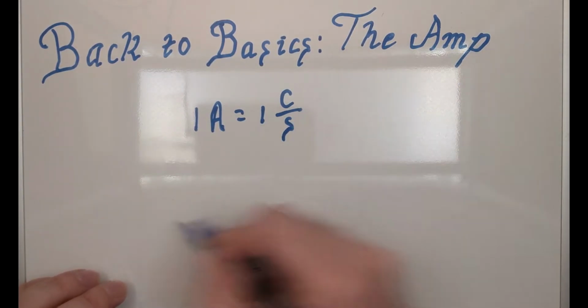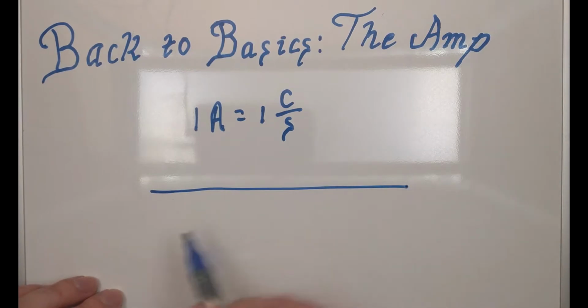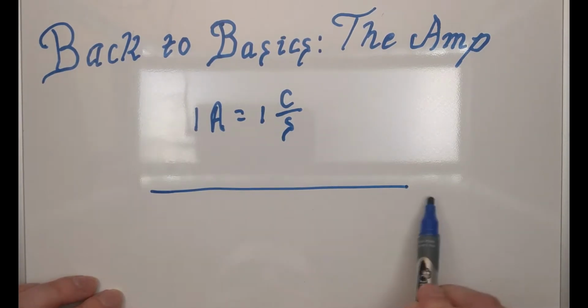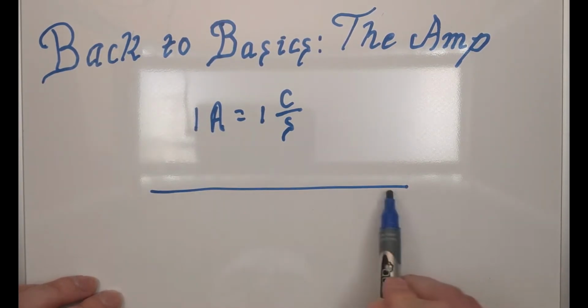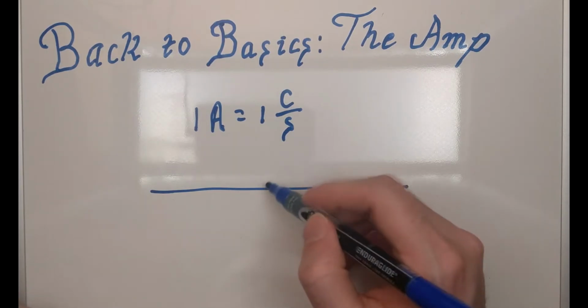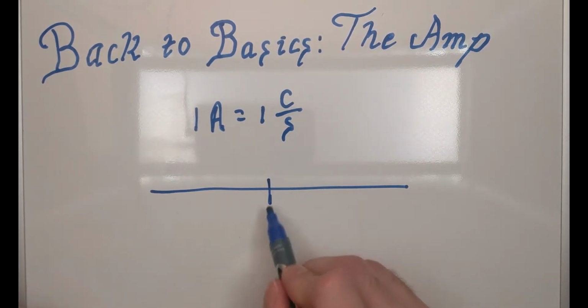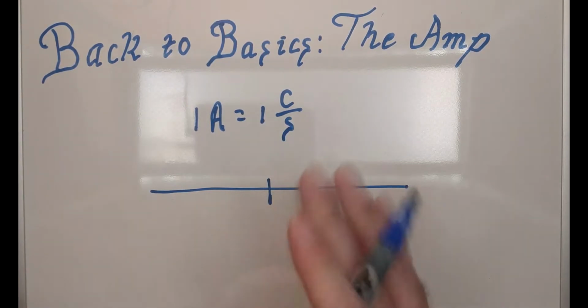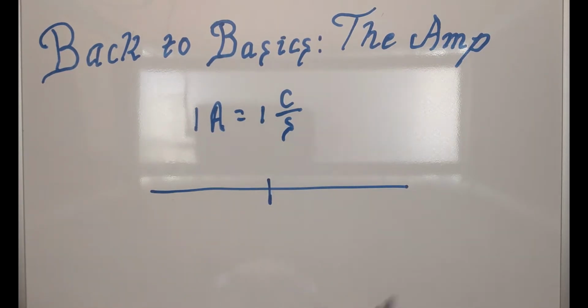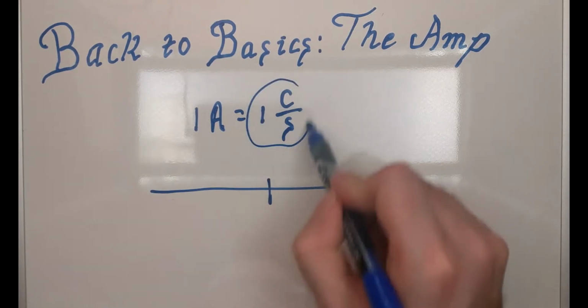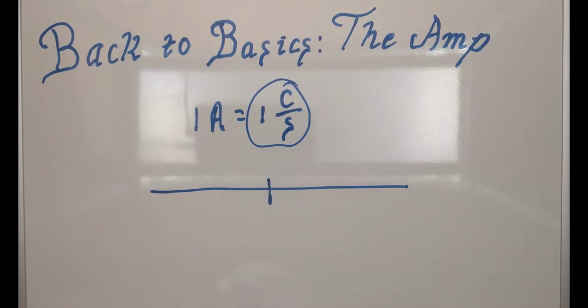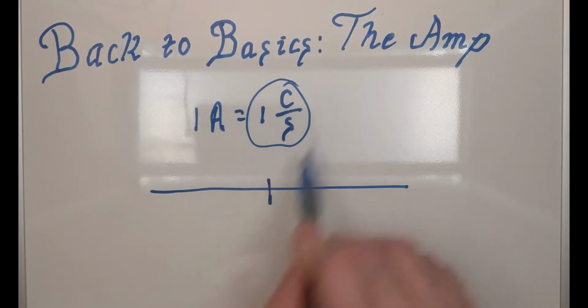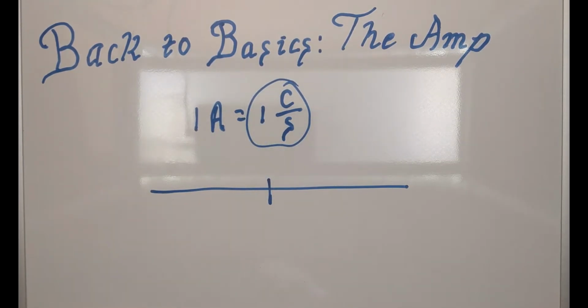So basically, if you have a conductor with current flowing through it, 1 amp is also going to equal, if you select a point, 1 coulomb of charge passing through that point in 1 second. We'll explain coulombs soon, but remember this, because we're going to do some fun math involving the coulombs per second a little bit later in the series.